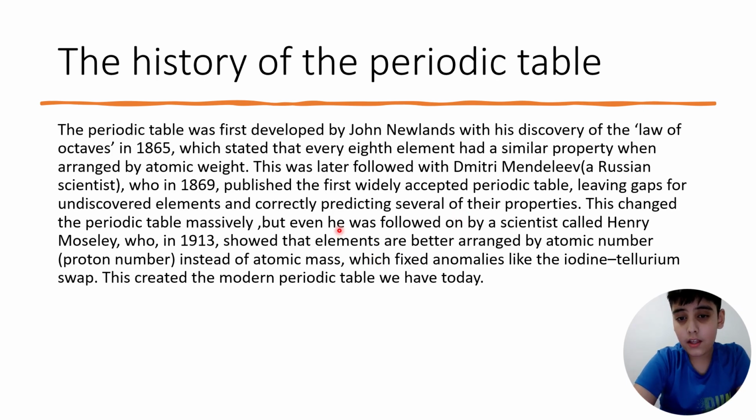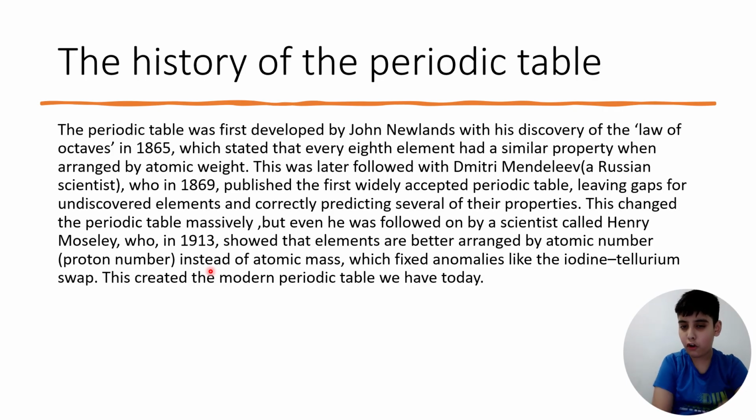But he was later followed by a scientist called Henry Moseley, who in 1913 made the periodic table ordered by atomic number instead of atomic mass.